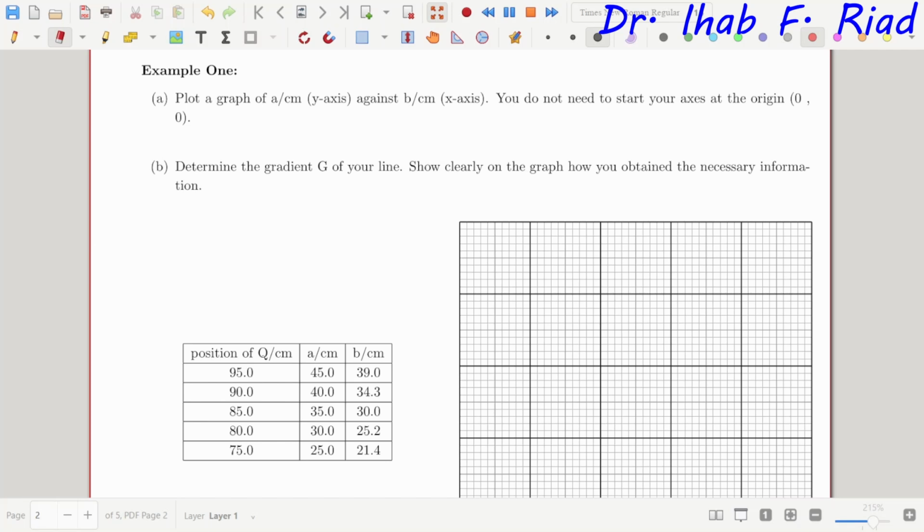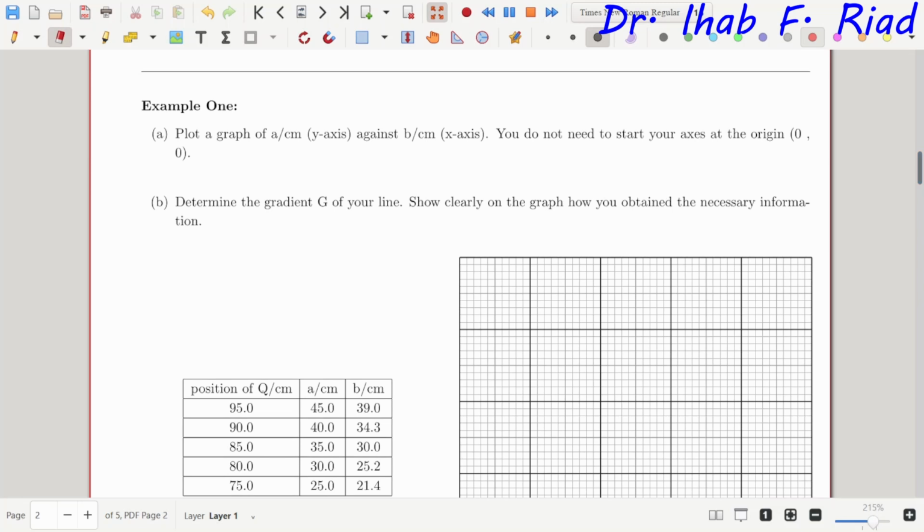So it will always be good if you can practice as much as possible on how to make proper graph plots. What we are going to do is have a number of examples and see how we are going to choose the scale and how we are going to represent the data on the graph. So let us get going.